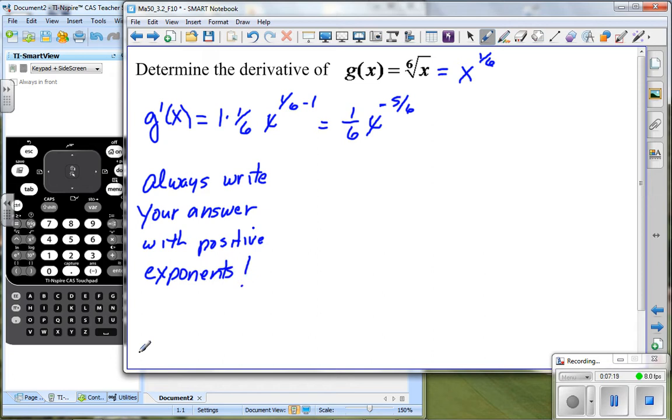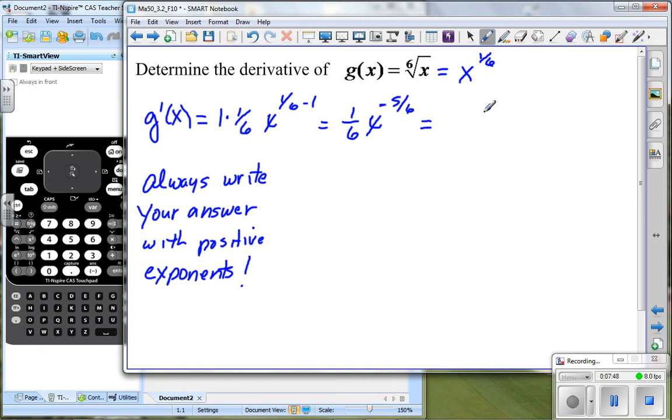Okay. Another rule that I'm going to ask you to do on all of your homework, and if I look at your homework, I want to see this, even for those of you who know what to do, because since I do not know who that is when I'm grading papers, I want you to show me this process. In other words, show me that you've multiplied the leading coefficient times the exponent, and that you've actually subtracted 1 from the exponent.